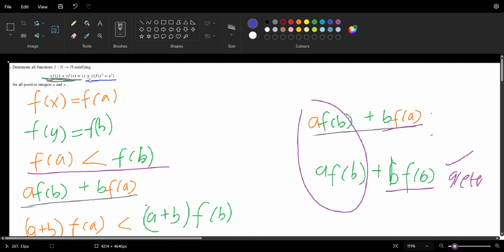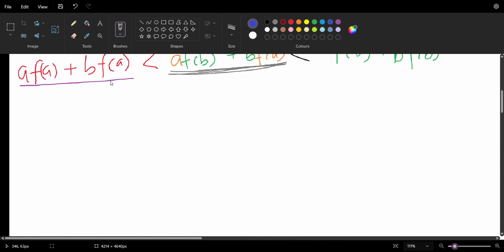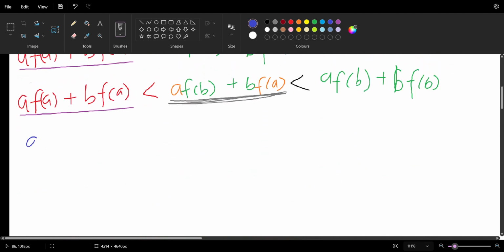So let me just write the right hand side again. A plus b times f of a squared plus b squared.